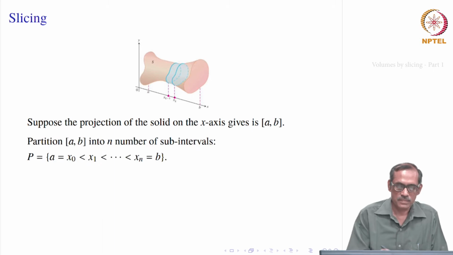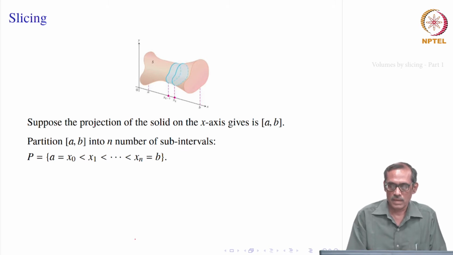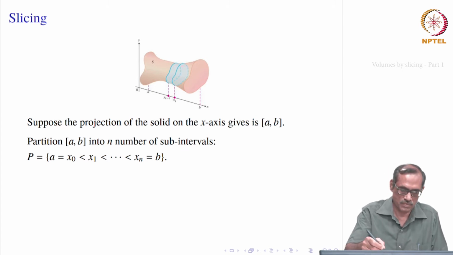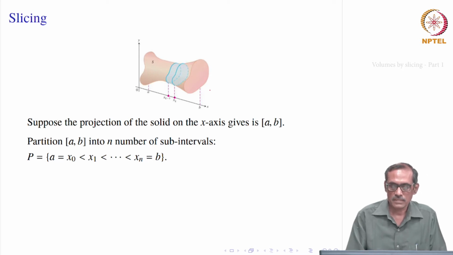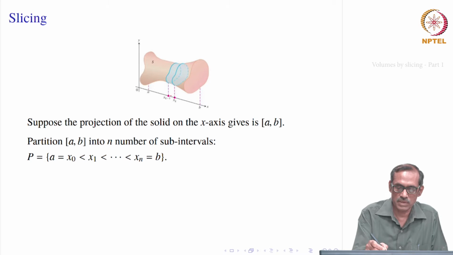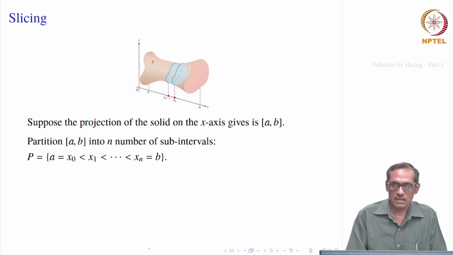Then what we do? As earlier, we will be formulating a Riemann sum for this volume. So, the volume of the solid will be something like taking a small part of this solid and looking at it as if it is sliding from A to B. That will give rise to some sub interval, say x I minus 1 to x I. So, it will give rise to a partition of the interval a b.